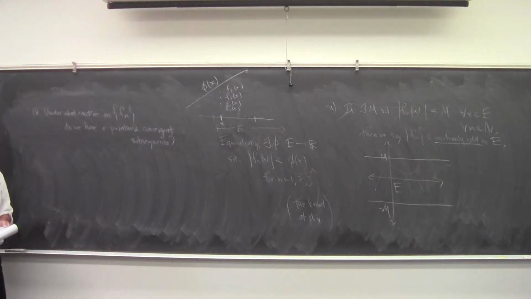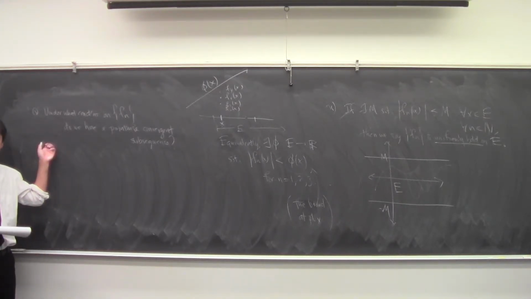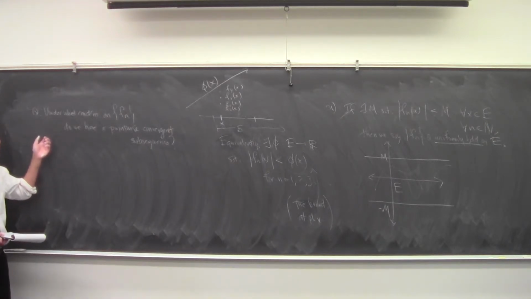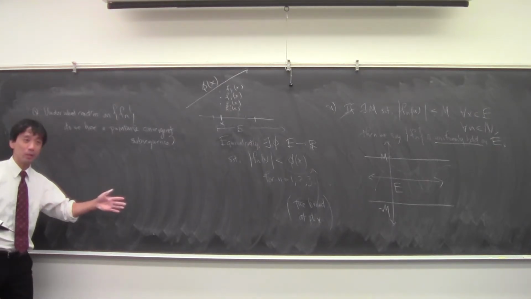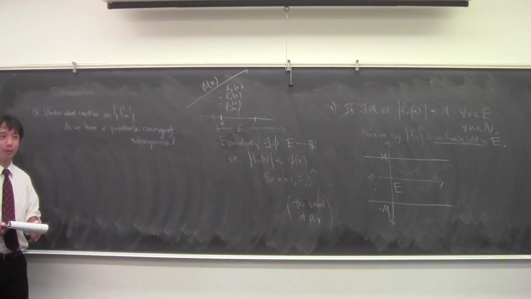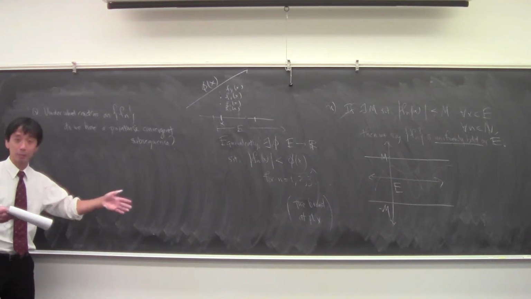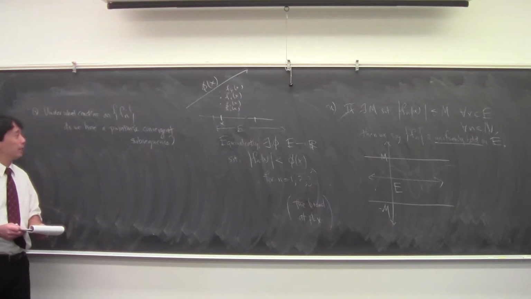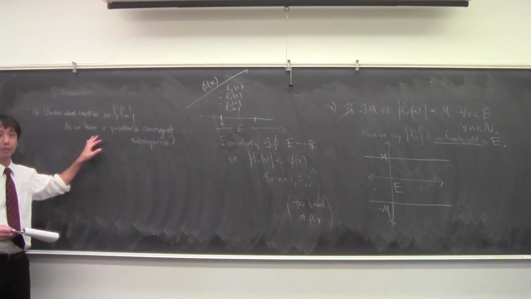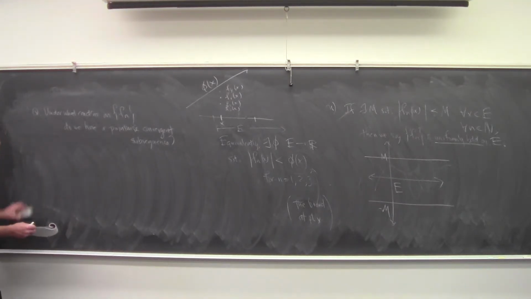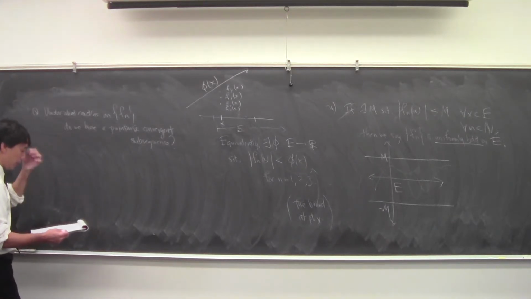Remember, we've got two notions of convergence. One is the unsatisfactory pointwise convergence. The other is the very good uniform convergence. We're going to ask the first question: is there some sort of boundedness that gives us a pointwise convergent subsequence? And then we're going to ask, is there some sort of boundedness that gives us a uniformly convergent subsequence?